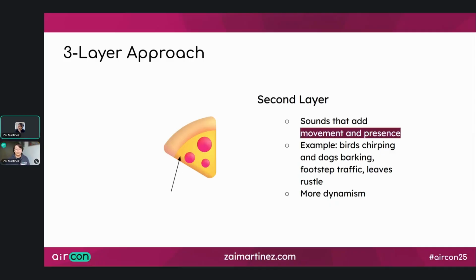The key word here is movement. So we can have the footsteps, the cutlery, the cups clinking, the tree rustle, or the printers, or just the paper handling in the office. We can have birds, insects, frogs, anything that gives movement to the ambience.